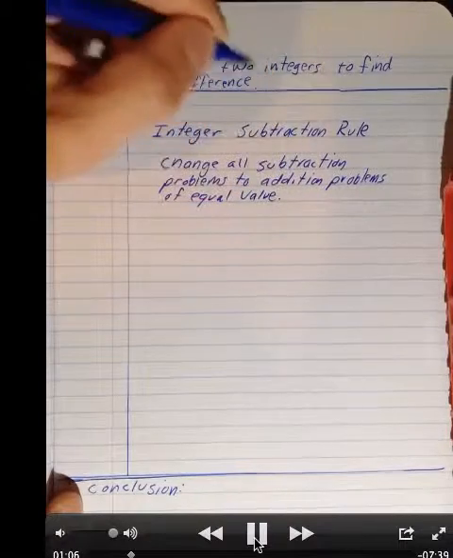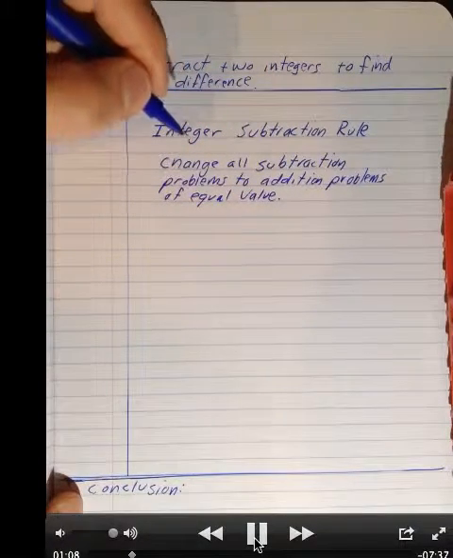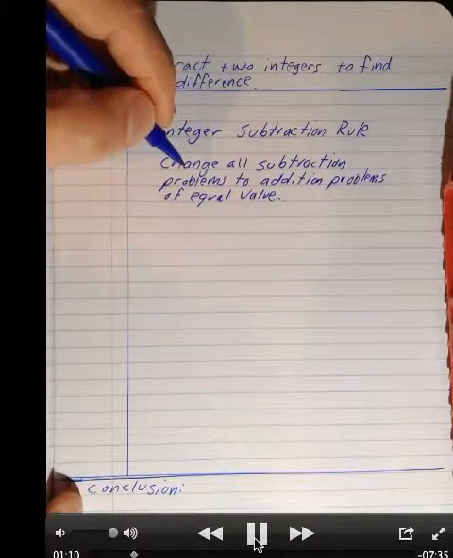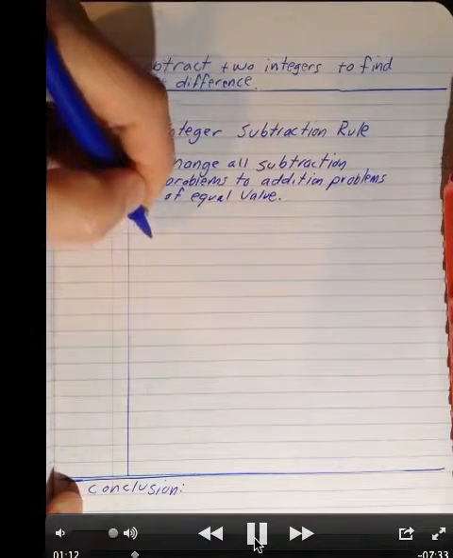So the last part of the rule, equal value, is the key.